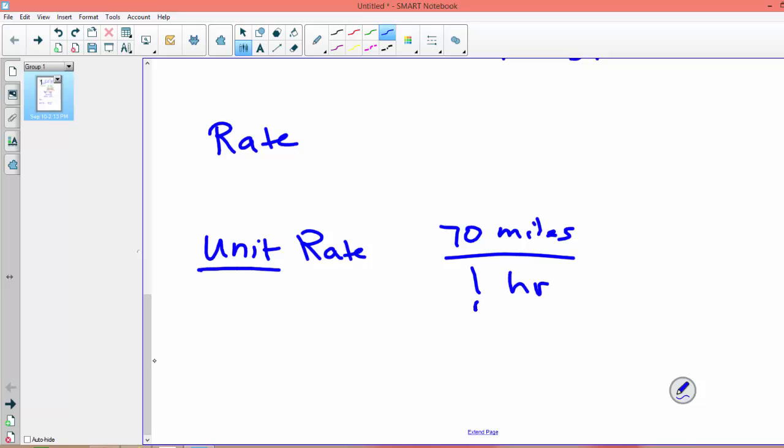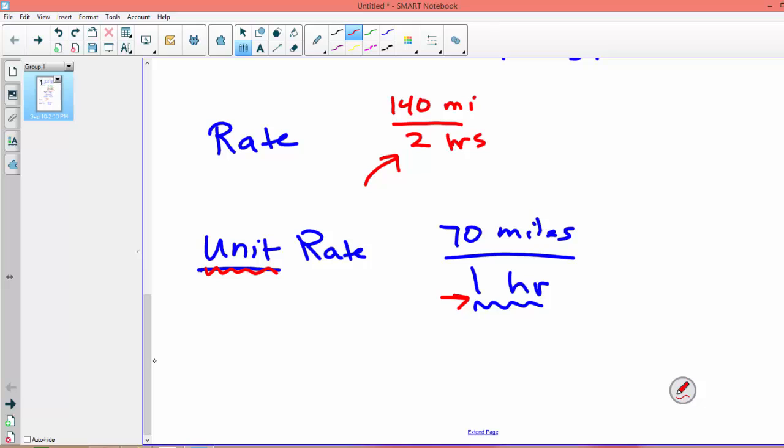That's when we are getting all the way down to 1 as the base unit, which you're dividing by. Well, the rate is still miles per hour, even if I drive 140 miles in 2 hours. So if you just divide that out and get the denominator to 1, that's when you have your unit rate.